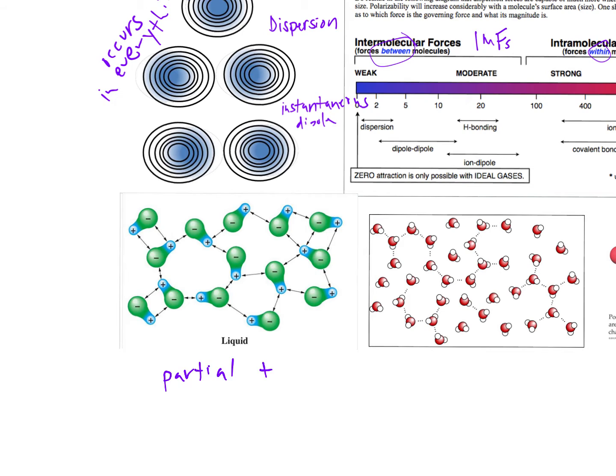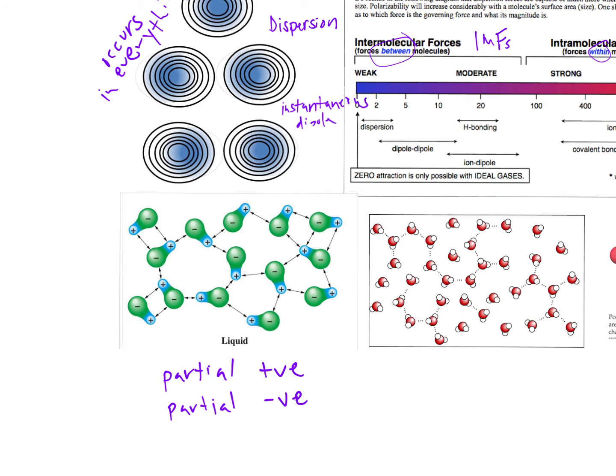If I do plus, that means positive. Okay? And then it has a partial negative, minus for negative, on the other side. So a molecule with a dipole has a partial positive charge on one end and a partial negative charge on the other.